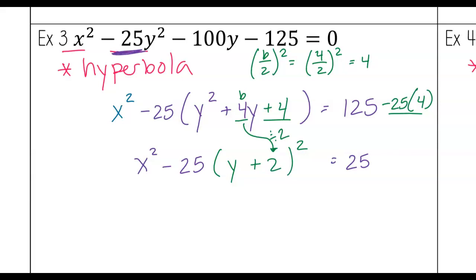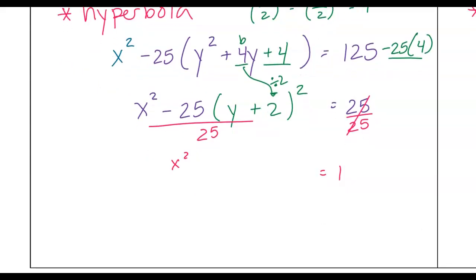However, a hyperbola is never equal to any number besides 1. So, how do we force this thing to be equal to 1 instead of 25? Yes, you divide everything by 25. 25 divided by 25 is just 1.